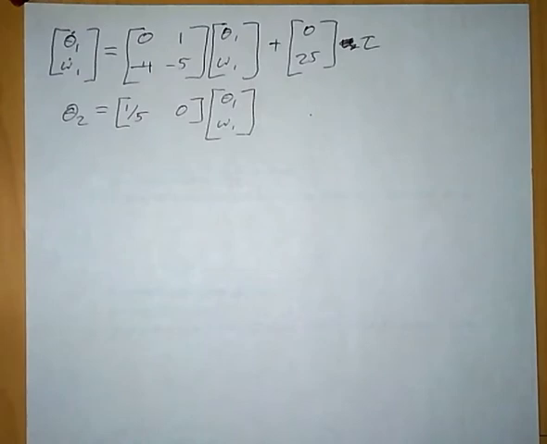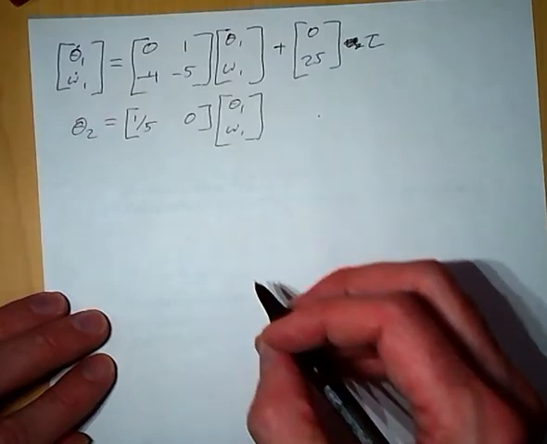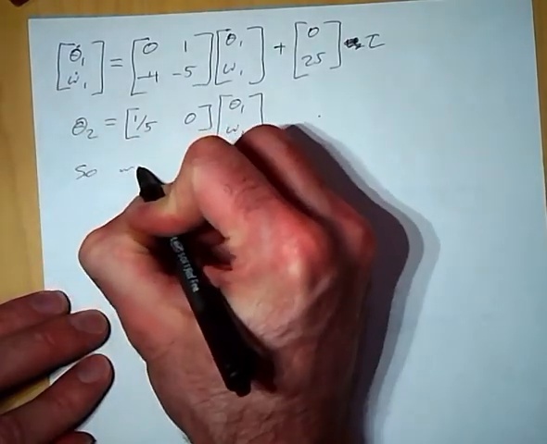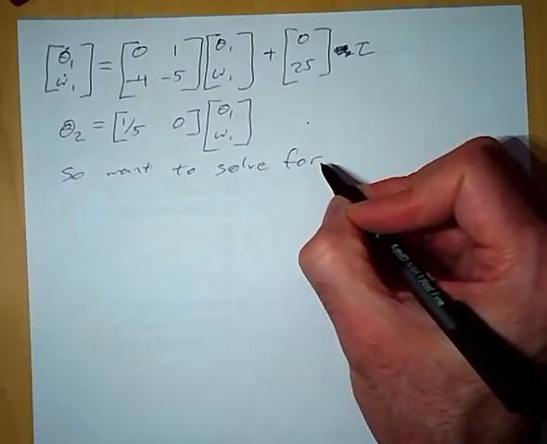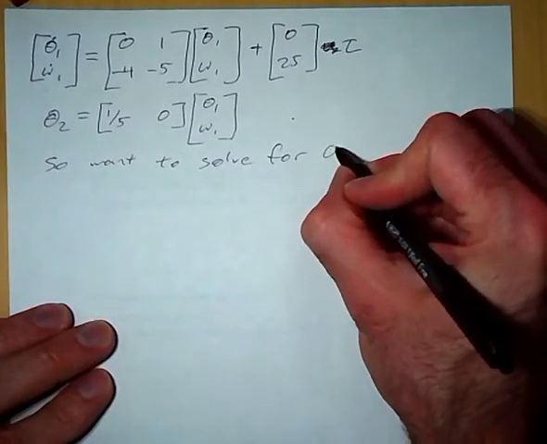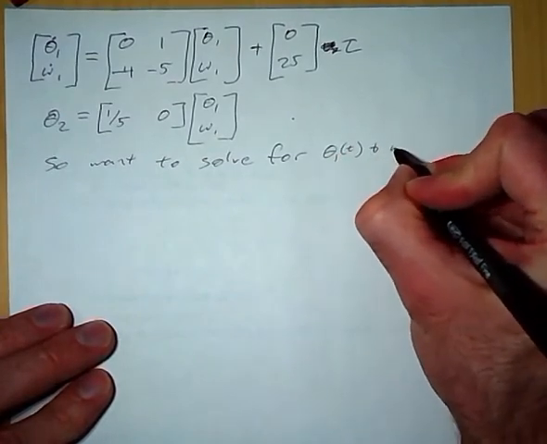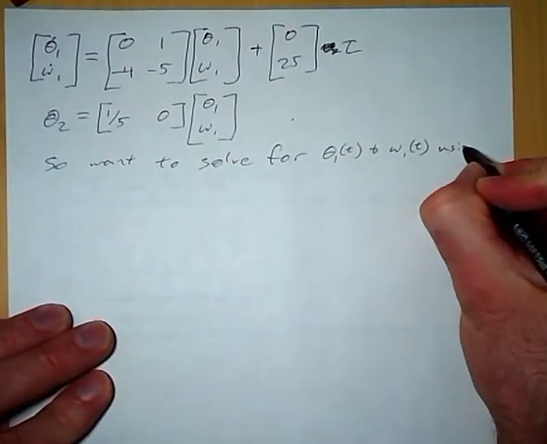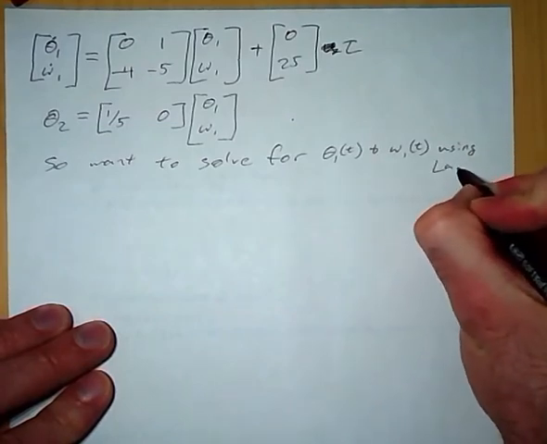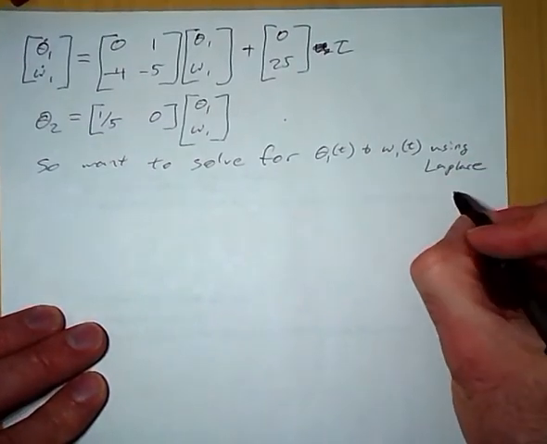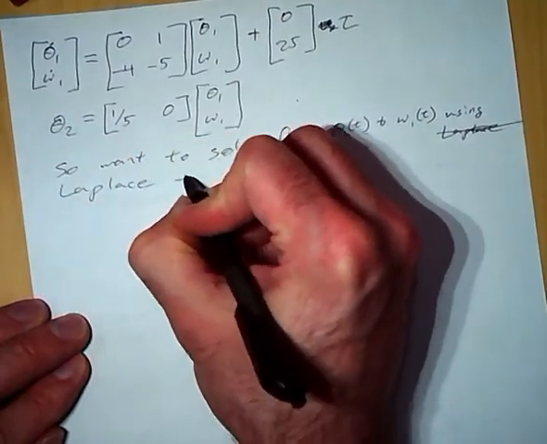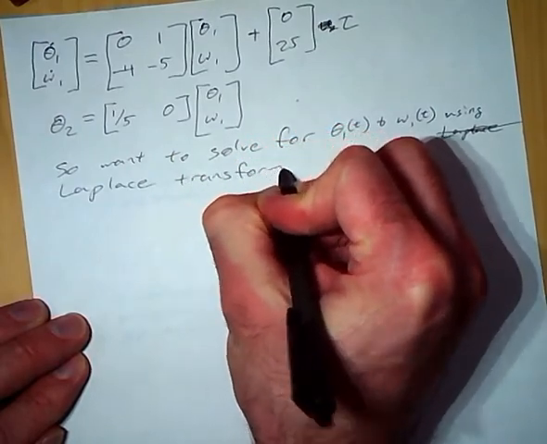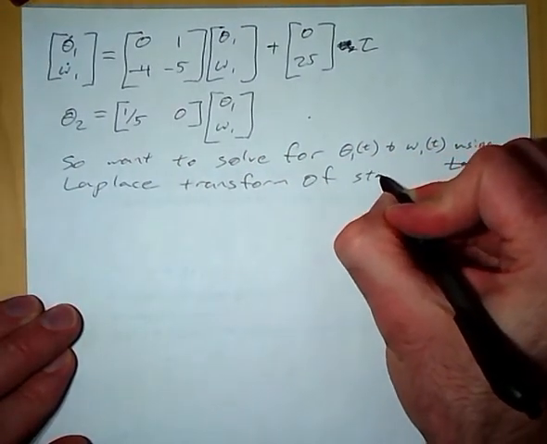And what we need to do now is to solve for theta 1, our state variables. So we want to solve for theta 1 of t and omega 1 of t, and we're going to use the Laplace transform of the state equations.